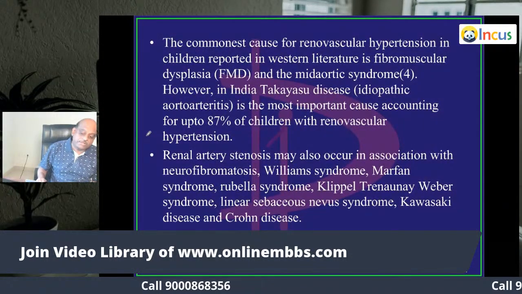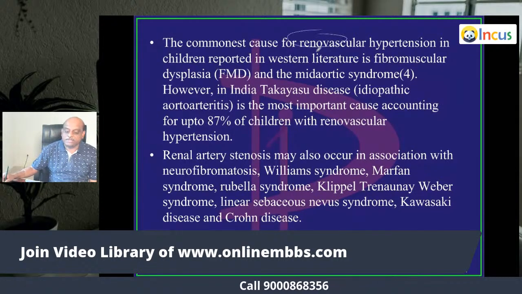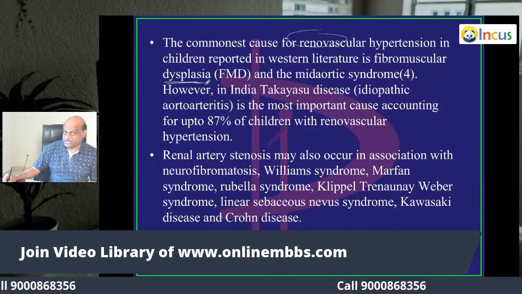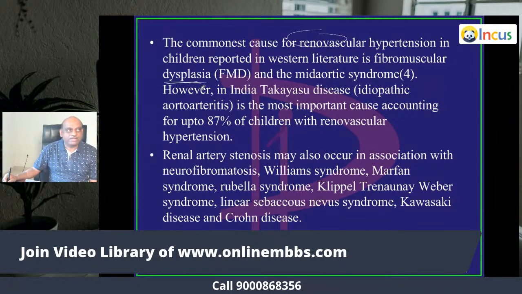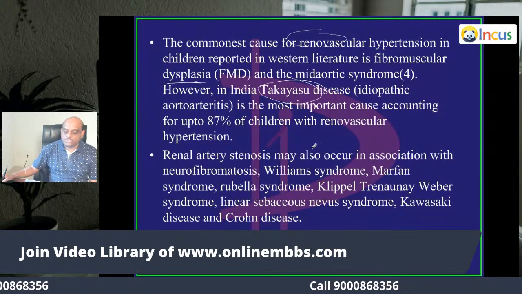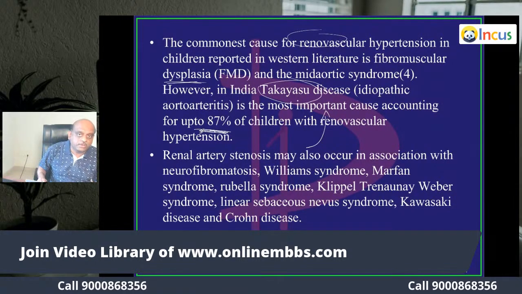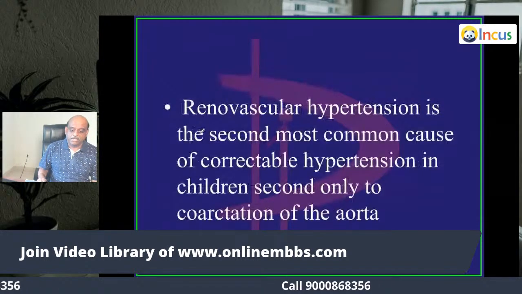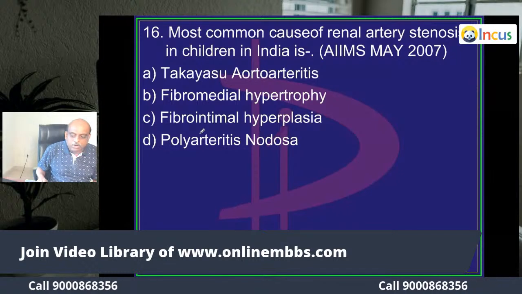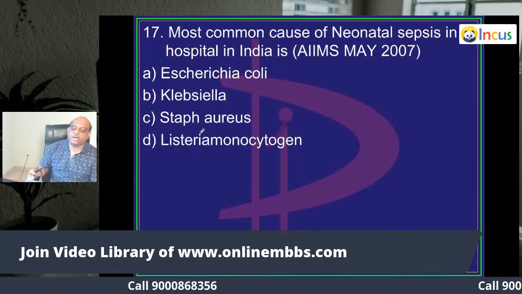And in the Western literature, the commonest cause of renovascular hypertension in children is fibromuscular dysplasia. Whereas in India, it is Takayasu's disease, which is the most common cause, accounting for up to 87% of children who have renovascular disease. The most common cause of renal artery stenosis in India is Takayasu arteritis.